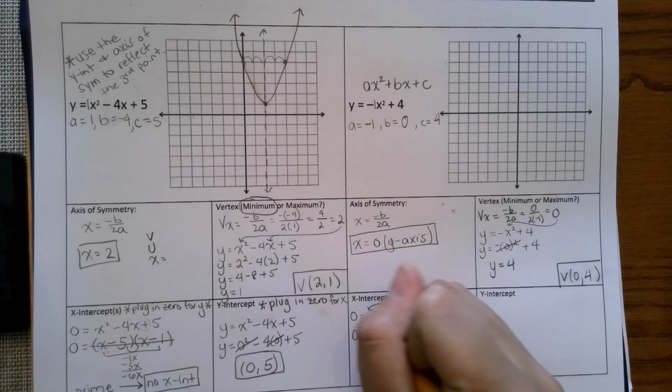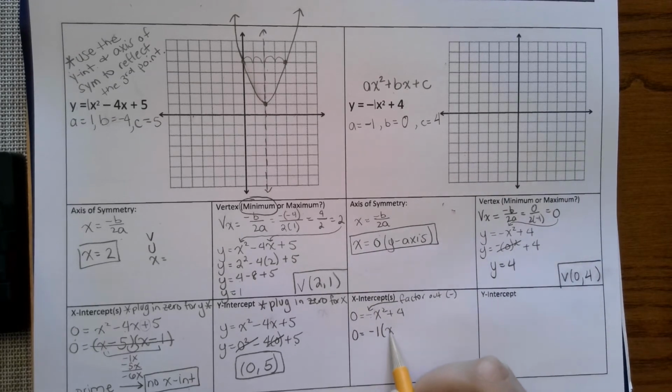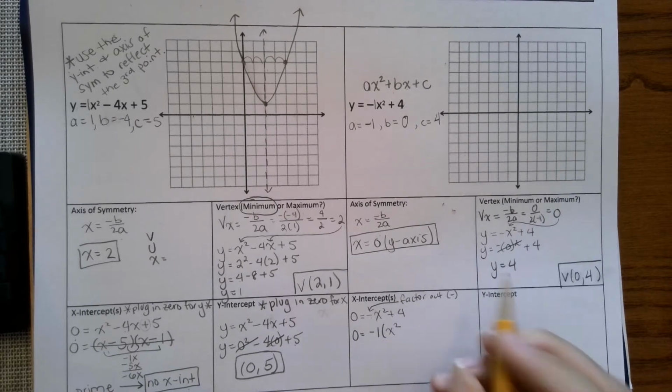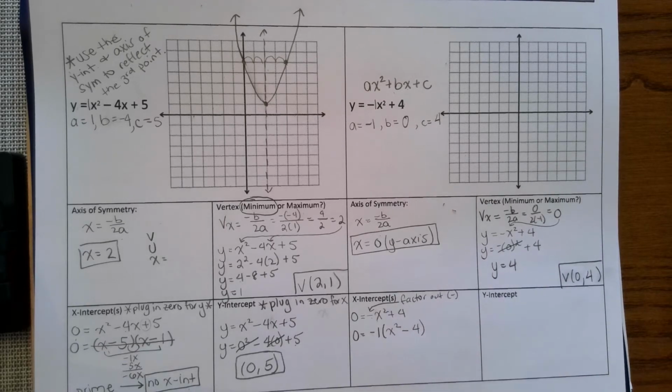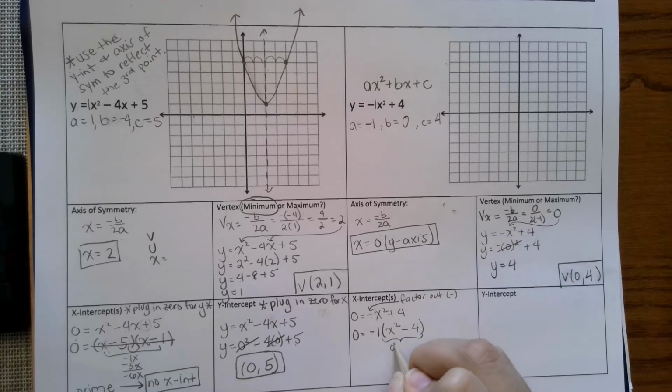So for this, I'm going to factor out this negative, which means that negative 1 times x squared gives me negative x squared. Negative 1 times negative 4 would give me positive 4. And now if you notice, we have what's called a difference of squares.